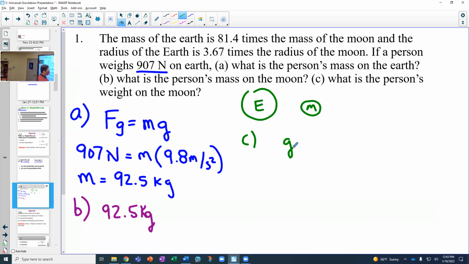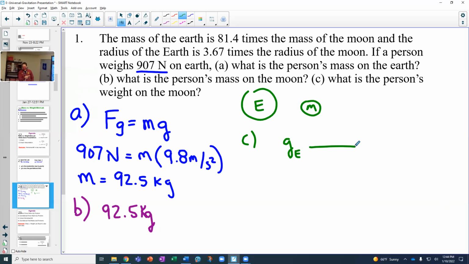If I take g on the Earth, and I'm trying to use proportional reasoning, the moon is smaller in mass, so it's going to have a weaker value for g by the mass, right? We follow that? Less mass, less gravitational force. So the amount that it's less is 81.4 times less. The moon is 81.4 times smaller in mass.